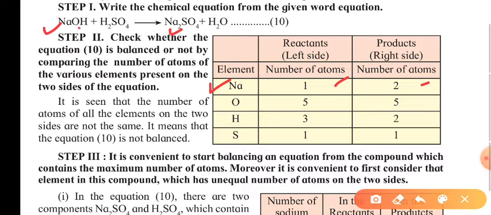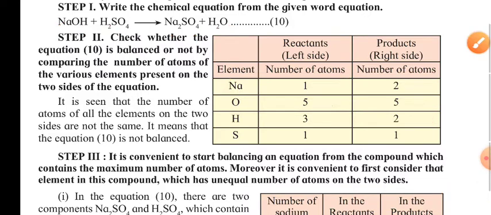For oxygen we have 1 here and 4 here, so 5. Here we have 4 plus 1, 5, that is balanced. Hydrogen here 1, here 2, so 1 plus 2 is 3, and this side we have only 2. For sulfur, 1 sulfur is here and 1 sulfur is here.